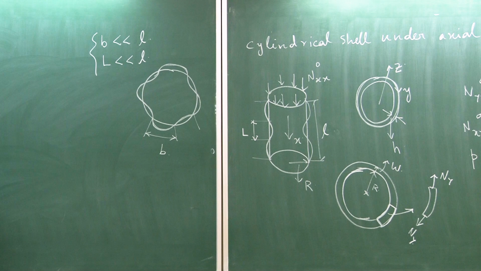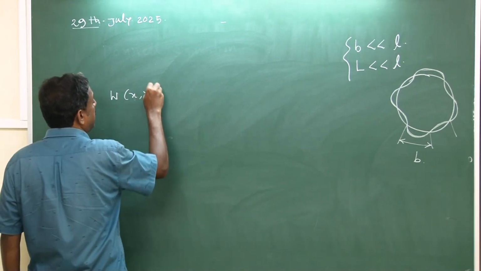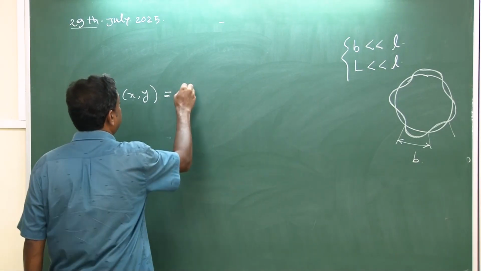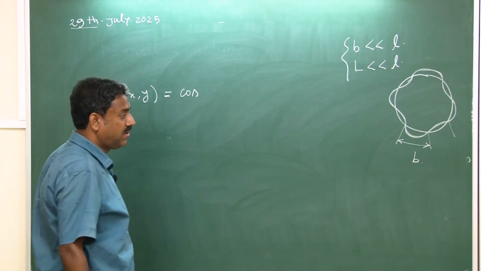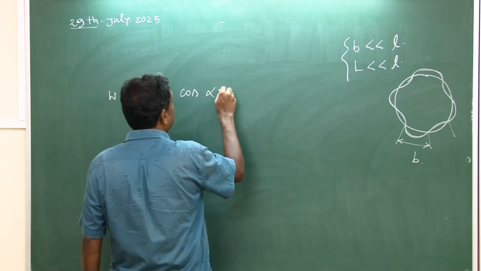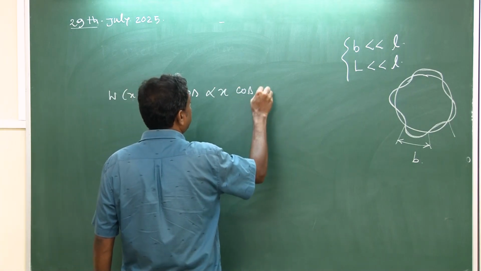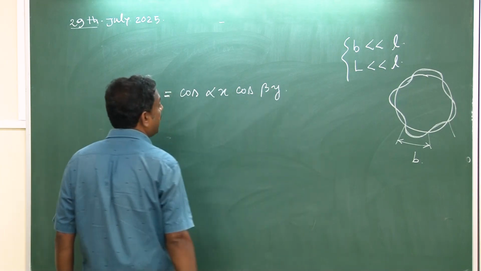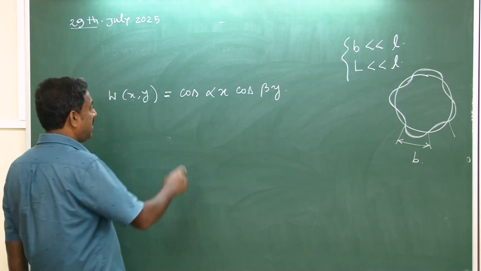So we will assume that the solution can be taken as cosine of alpha x, cosine of beta y. Alpha and beta are the half wavelength numbers.